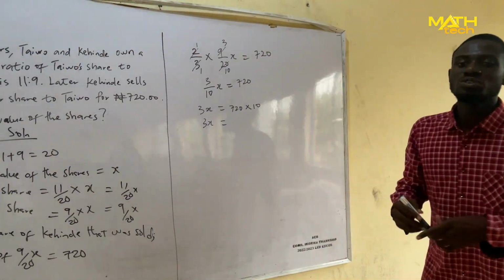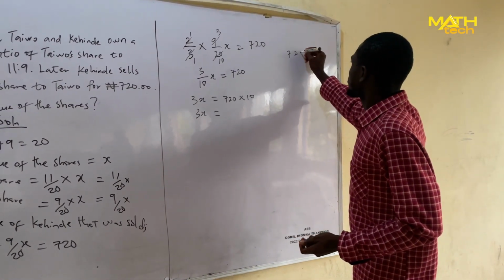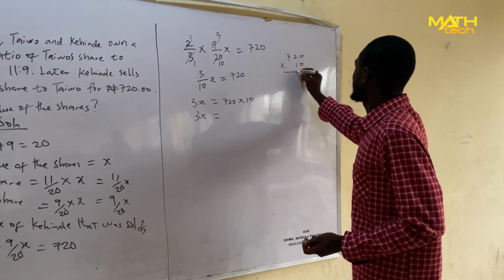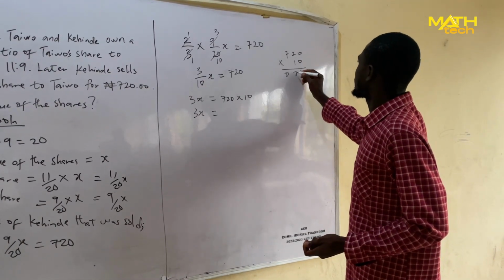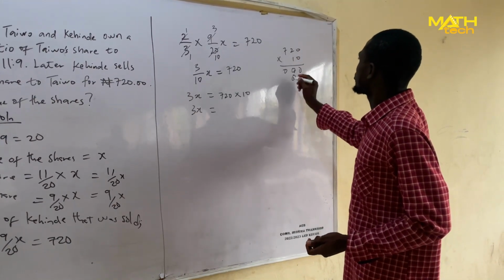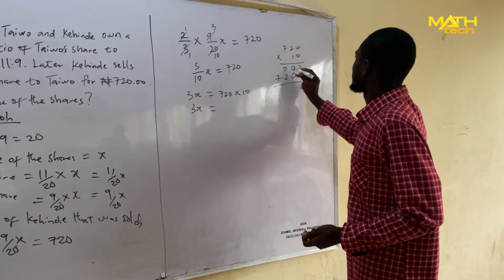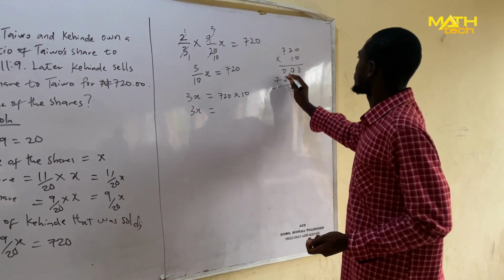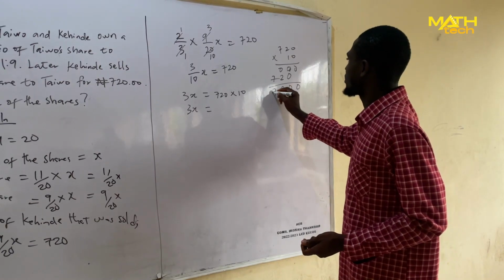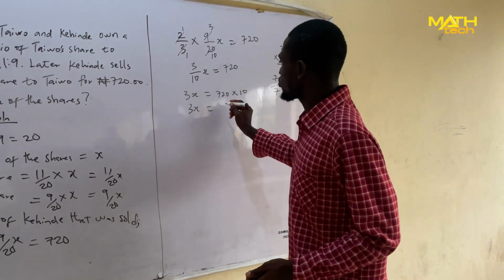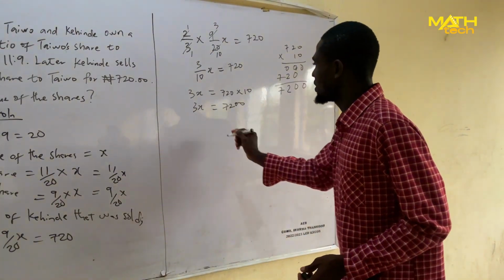You can use your calculator to check the result of 720 times 10, or without a calculator you can go 720 times 10. 0 times 0 is 0, 0 times 2 is 0, 1 times 0 gives you 0, 1 times 2 gives you 2, and 1 times 7 gives you 7. Then you add: 0 plus 0 is 0, 0 plus 2 is 2, 0 plus 7 is 7. So 720 times 10 gives us 7,200.